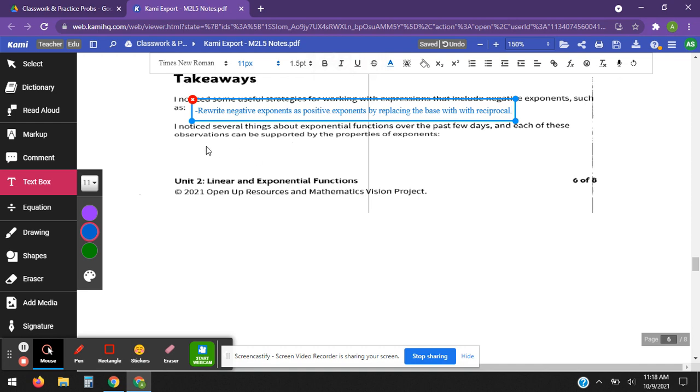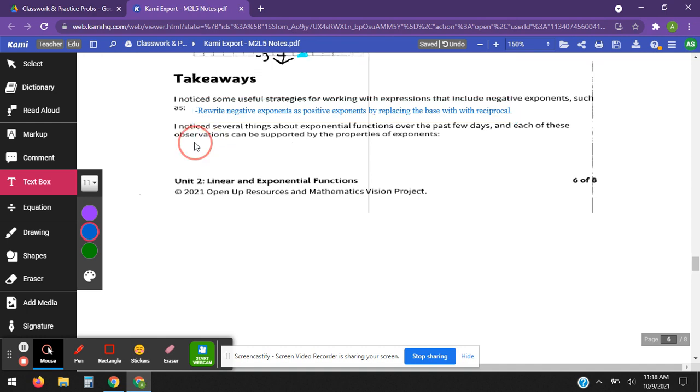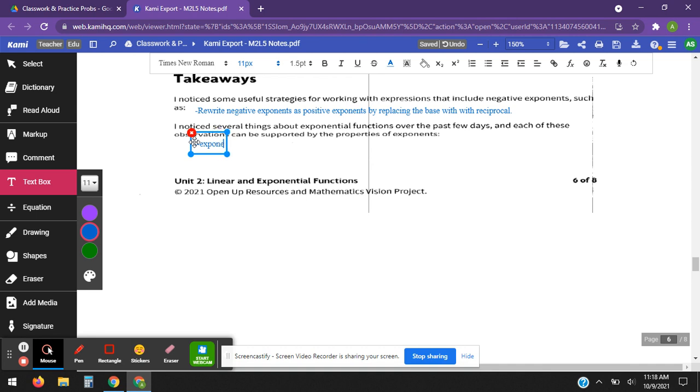I noticed several things about exponential functions over the past few days. Each of those observations can be supported by the properties of exponents. Okay, so what that means is exponential functions are continuous with rational inputs.